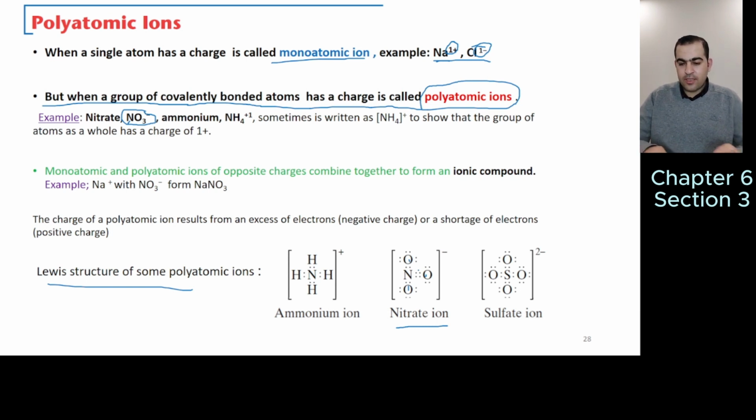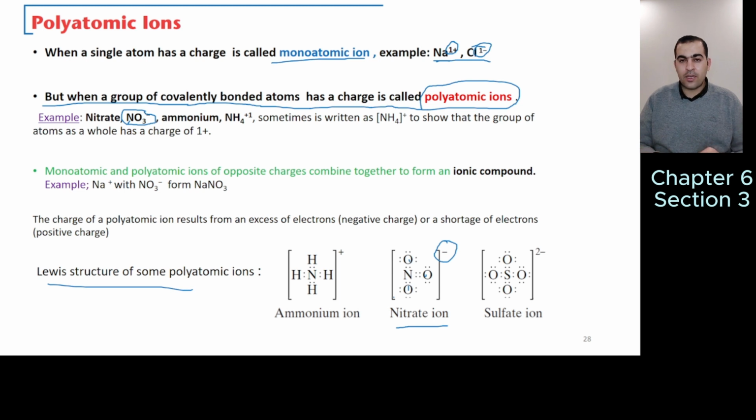What's important is that NO3 as a whole has a charge, meaning in the formation of the nitrate ion one electron has been gained. Why? To all have 8 valence electrons. Look, each oxygen has 8: 2, 4, 6, 8. Nitrogen also must have 8: 2, 4, 6, 8.